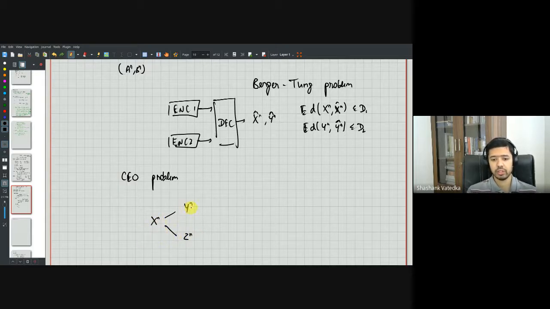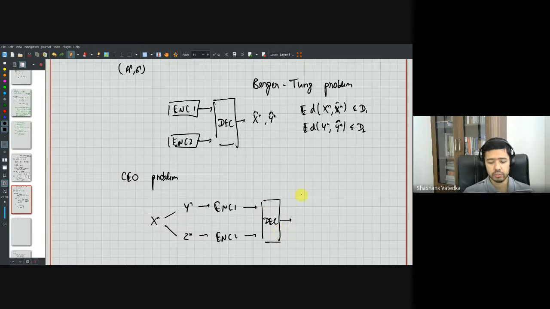You can assume that yn is obtained by passing xn through some DMC, and zn is obtained by passing xn through some other DMC. yn is given to encoder 1, zn is given to encoder 2, and each of them is compressed or encoded, and this is given to a decoder.